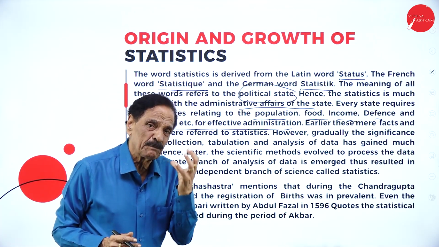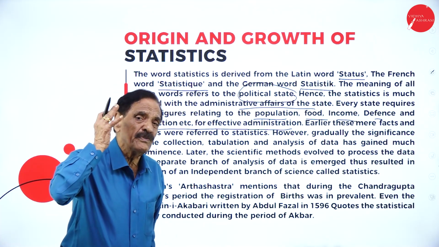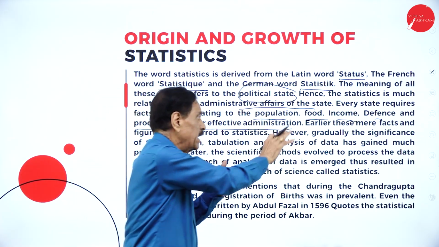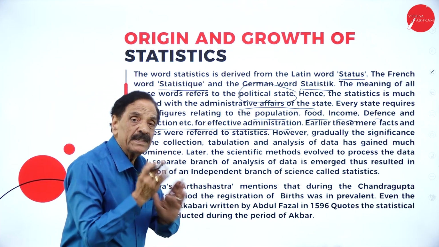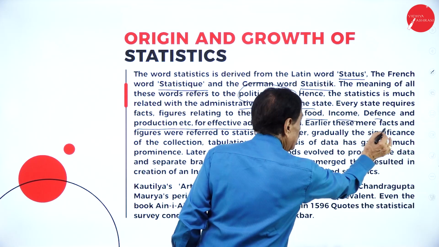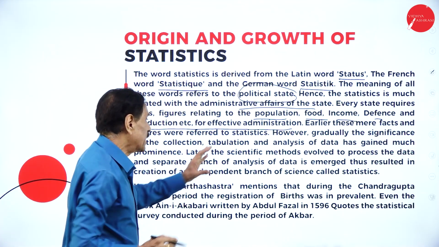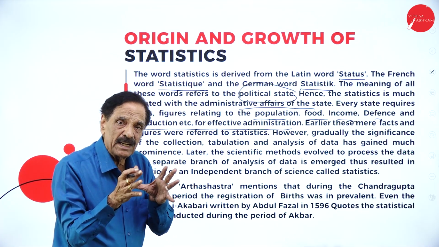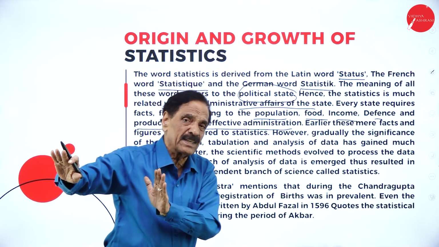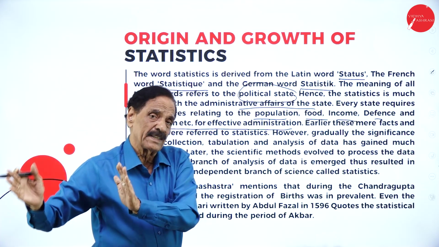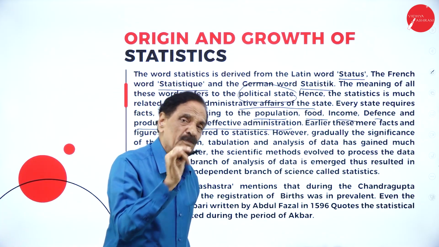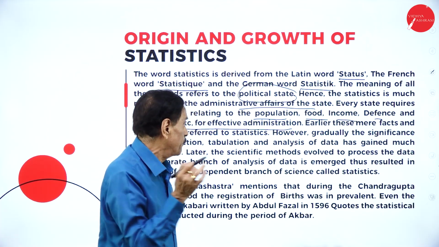If we want to make the administration productive, we have to give more importance to production, food, income, and defense, which gives effective administration. Earlier, these mere facts and figures were referred to as statistics. So when it says statistics here, it refers to all these facts and figures regarding production, income, expenses, population, and defense.